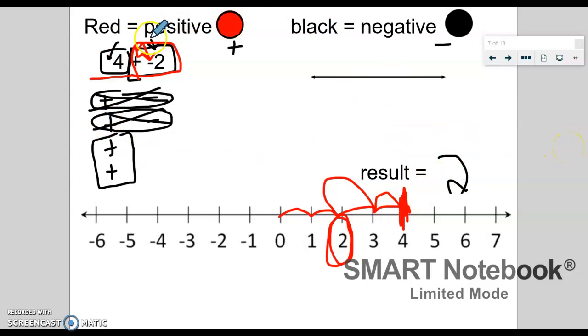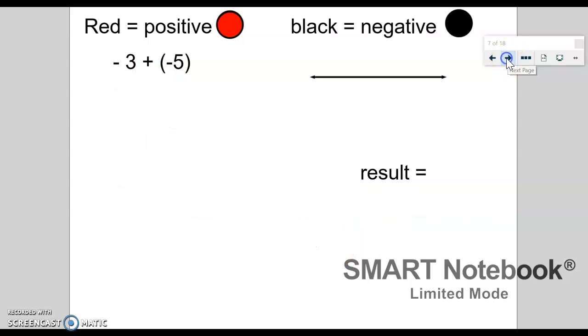I encourage you to do both the different ways until we get used to adding and subtracting. So we have -3 plus -5. Again, I'm going to use the plus sign for positive and the negative sign for negative. This 3 is negative, so I'm going to add 3 negatives. 1, 2, 3.